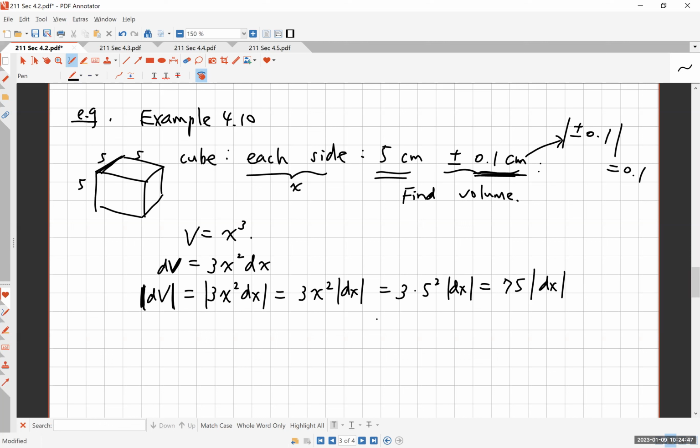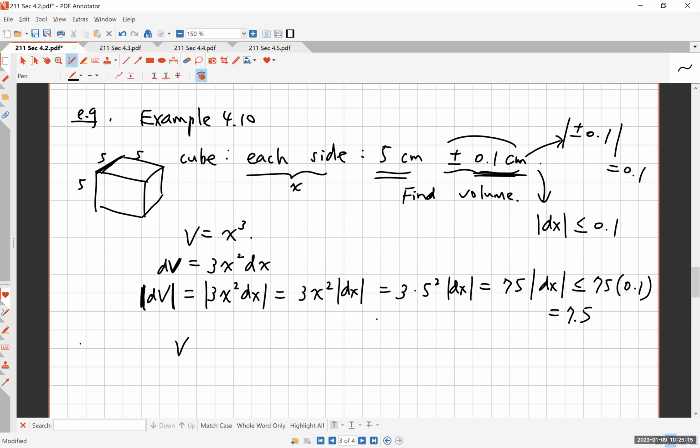Now we know the real difference between 5 and the real side length, that's the error on the side length, the error on x, is less than 0.1. So we know this is going to be less than 75 times 0.1. Well, that's 7.5.